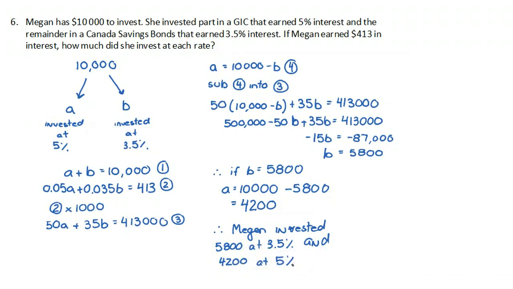And I could do a check here. My check could be 0.05 times 4,200 plus 0.035 times 5,800, and that should give me 413.